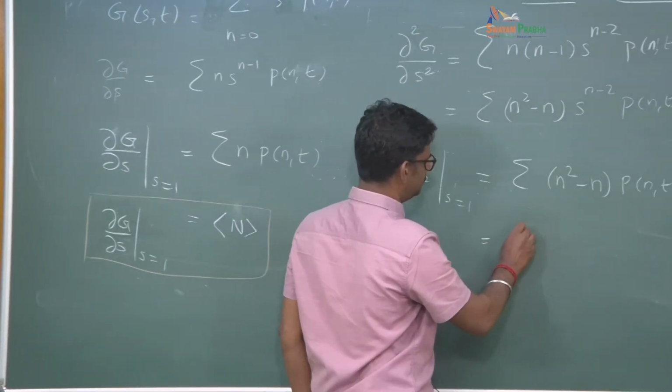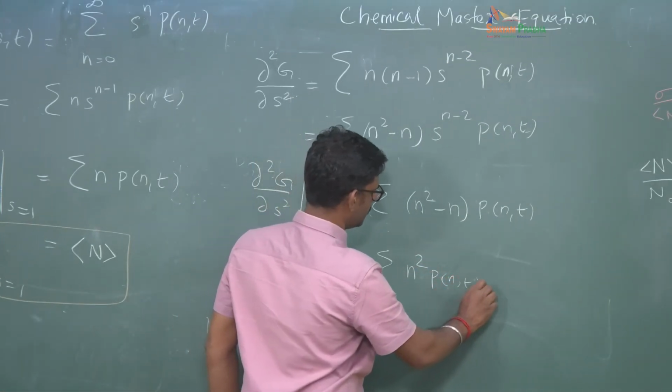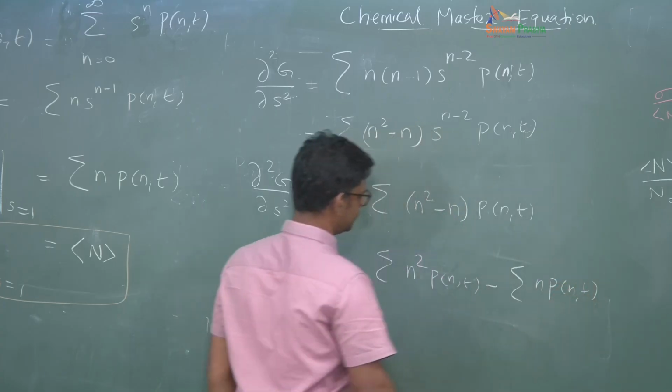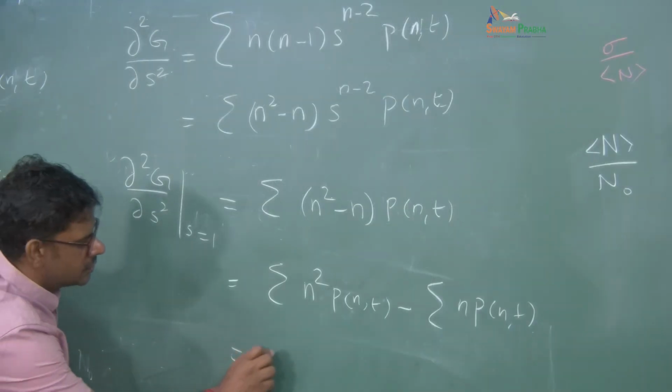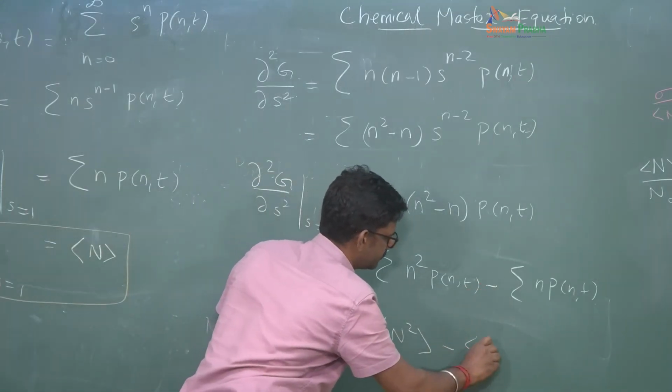So I can write this as n square p of n comma t minus n p of n comma t. So this is mean square and this is just mean itself.